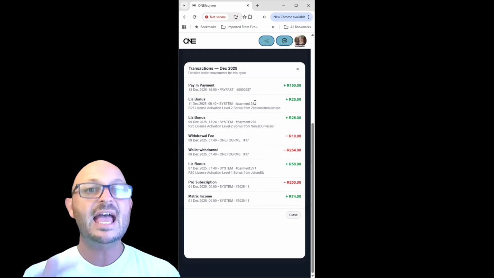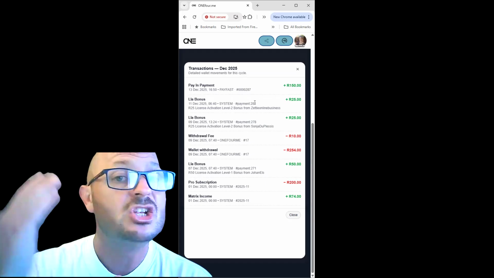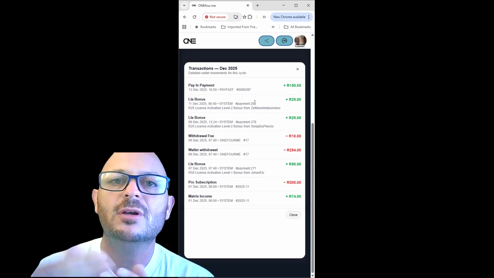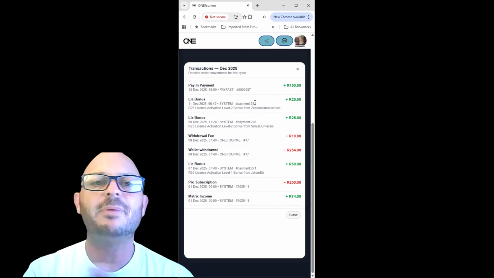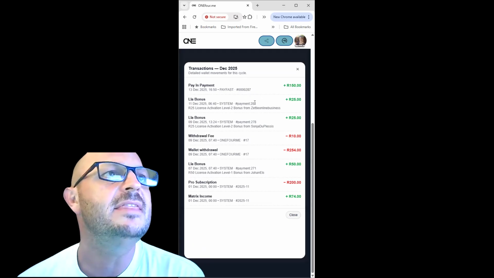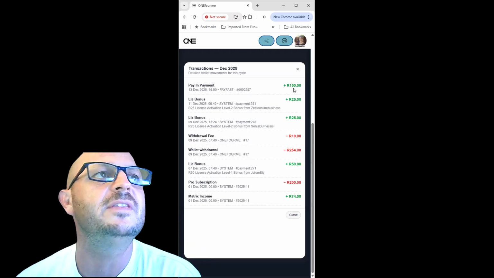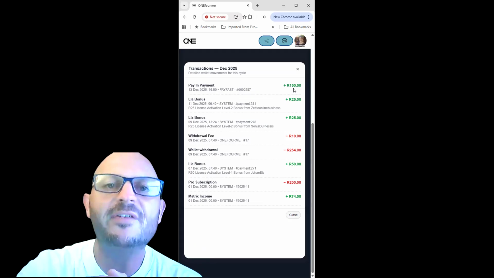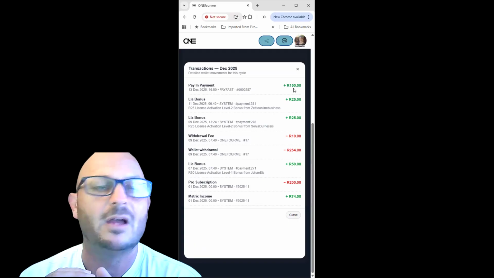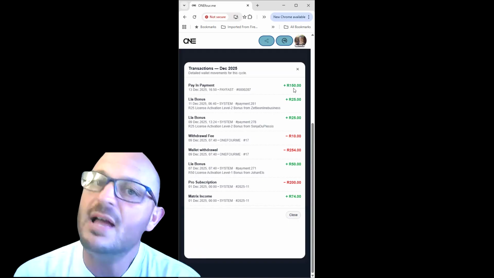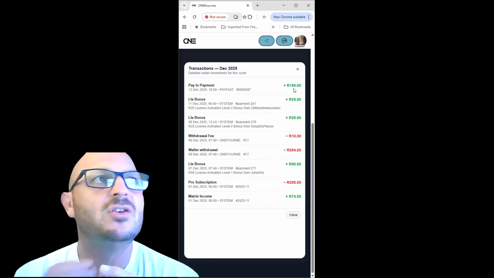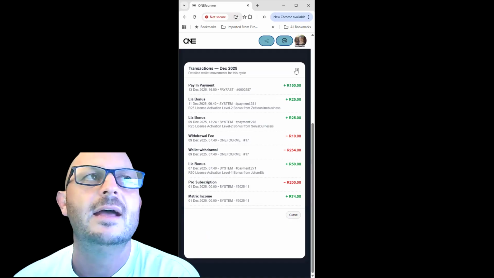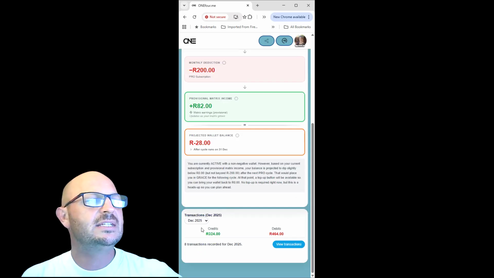Okay, so you see how that money gets paid straight away into the wallet. Bonuses get paid straight into the wallet. Then this person made another 150 Rand payment into the wallet just to cover the deficit. Okay, she actually paid a little bit too much. It wasn't necessary to pay 150 Rand, but that is fine. And that is where she's sitting right now.